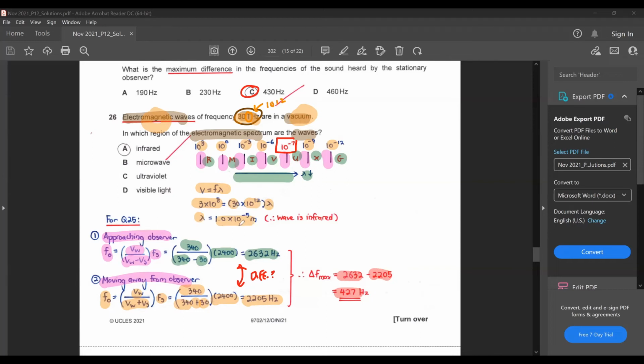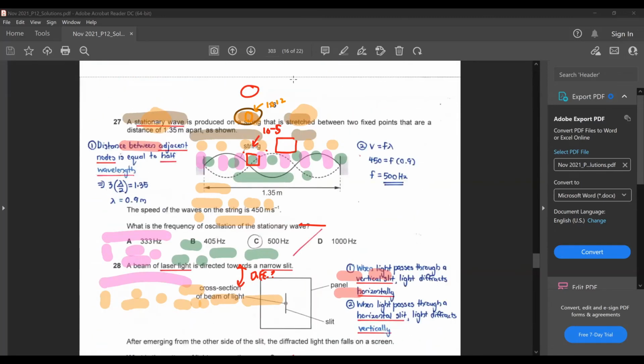So where do you suppose 10 power minus 5 is? It would be somewhere here, between 10 power minus 3 and 10 power minus 6. So it is actually infrared. So the answer is A. Okay, so this one is okay.